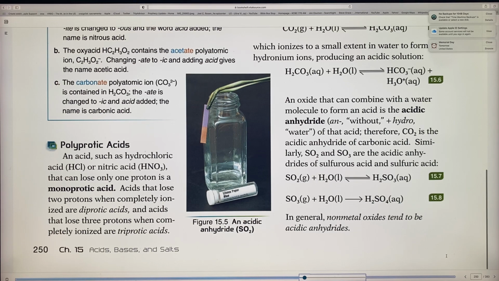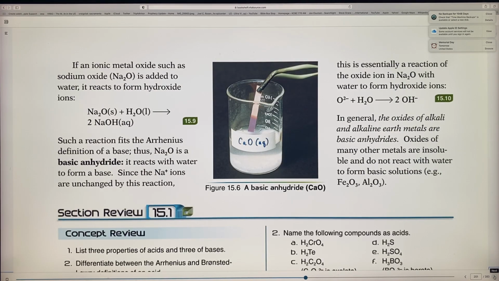So an oxygen-type molecule combining with water is an anhydride. Just think, hydride is water too. Hydride represents hydrogen or H2O, which is water. If you say you hydrolyze something, you're adding water to it. So that's just what we need to know.